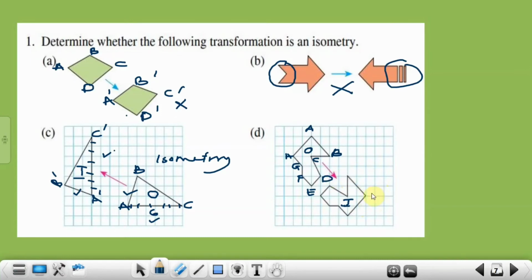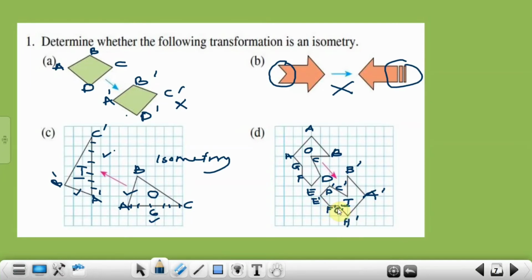This is A prime, B prime, C prime, D prime, E prime, then F prime, G prime, H prime.